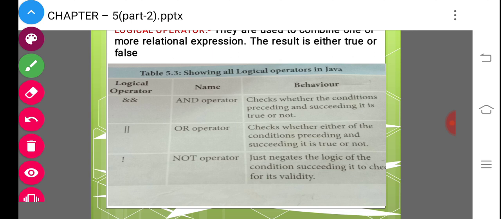The OR operator is used to again combine two conditional expressions, and it will result in true if either of the two conditions is true, otherwise it will return false. And in case of the NOT operator, we use it when we want to reverse the outcome of an expression. It is a unary operator because it uses a single operand.